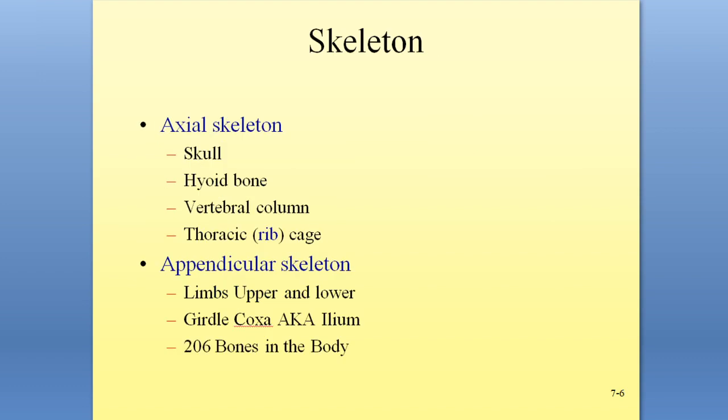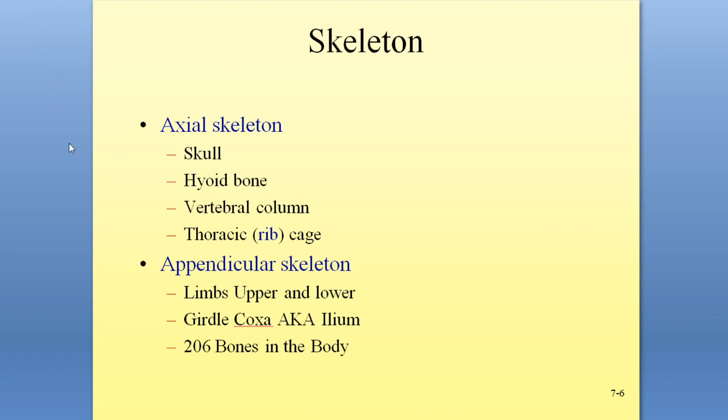Now, next slide is going to discuss the two main parts of the skeleton. So we've got two main sections of our skeleton, the axial skeleton and the appendicular skeleton. The axial skeleton consists of the skull, hyoid bone, vertebrae, and ribs.